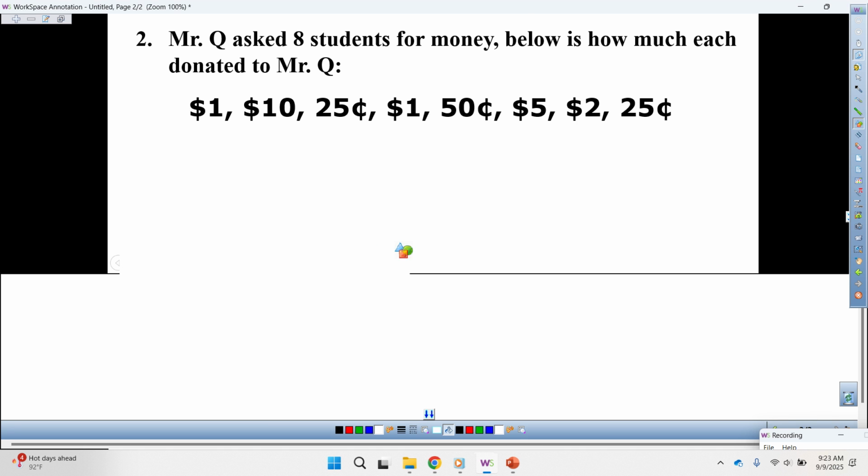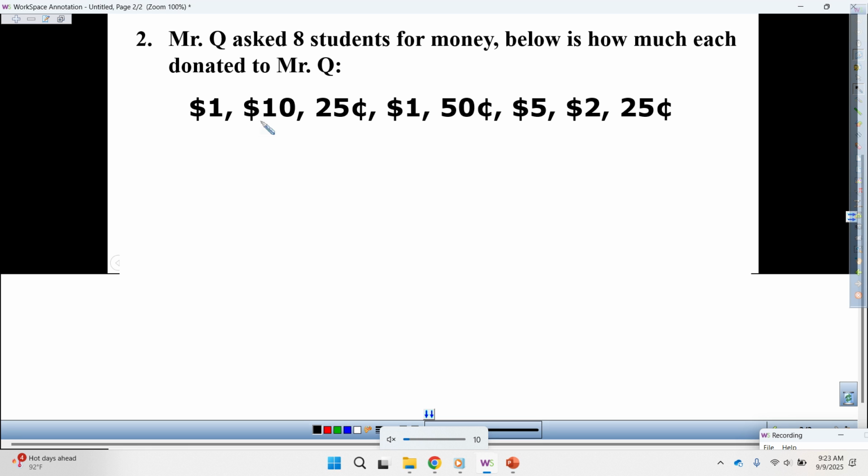So, first things first, we needed to write these in ascending order. Is that correct? However, who notices that there's a mixture of values here? There's some that are dollars and some that are cents. So some of y'all, when you just got the numbers, you started just computing the numbers. That's a mistake. You need to change them all to decimals.